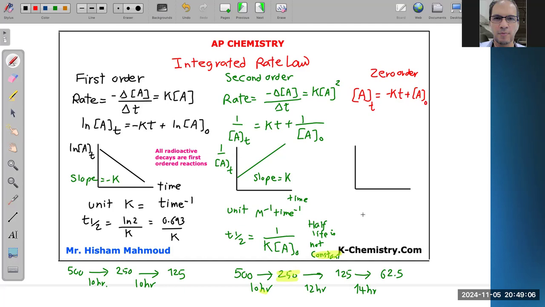Again the half-life is not constant. Be careful, this question comes many times; if you are asked why, it is because it depends on the initial concentration. Every time I divide the concentration, the initial concentration changes. What is it equal to? T half equals the initial concentration divided by 2k.